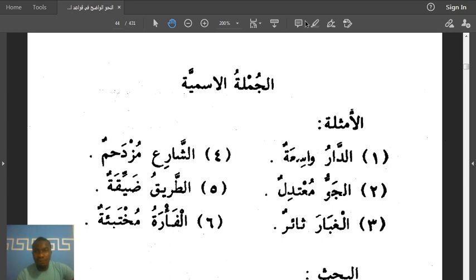Al-amthila, examples. Ad-daru wasi'atun. Ad-dar is like ghurfa, like a room. Ad-dar is also given to a house, basically, and ad-dar can mean a hall or a room.